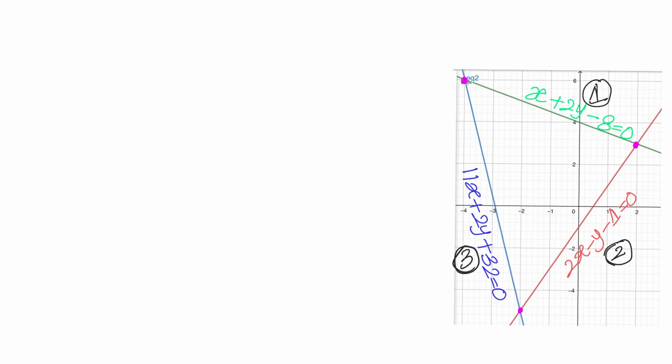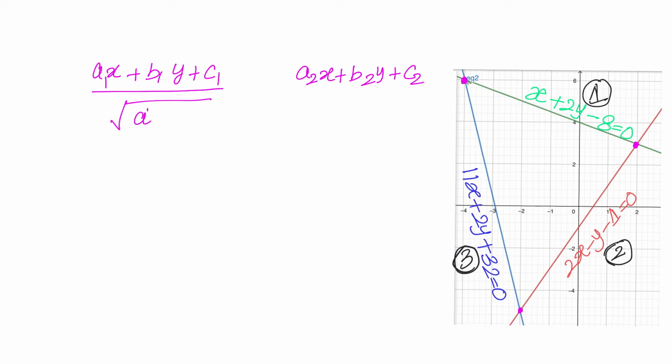And what is the formula for that? We know the formula is, if you have two lines, a1x plus b1y plus c1 equals 0, and another line a2x plus b2y plus c2 equals 0, then the angular bisectors of these two lines are given by a1x plus b1y plus c1 divided by square root of a1 square plus b1 square equals plus or minus a2x plus b2y plus c2 divided by square root of a2 square plus b2 square.